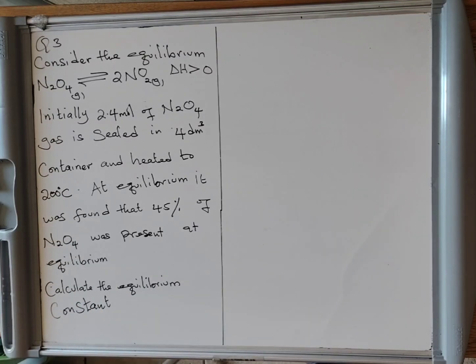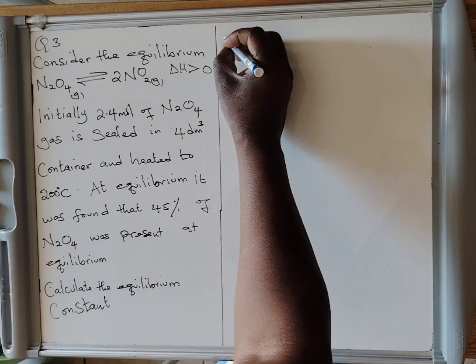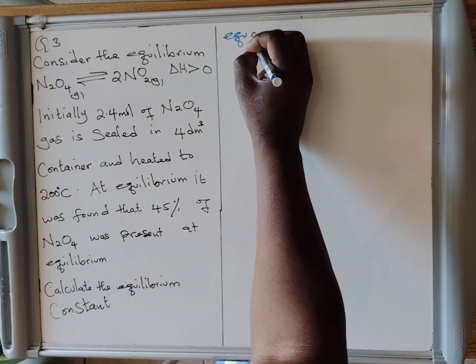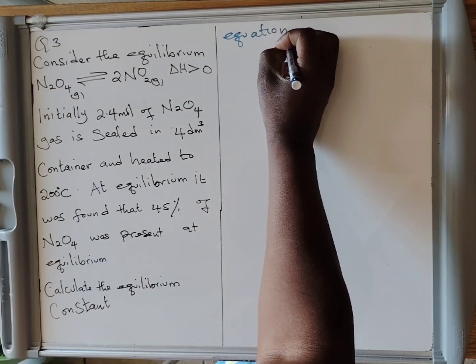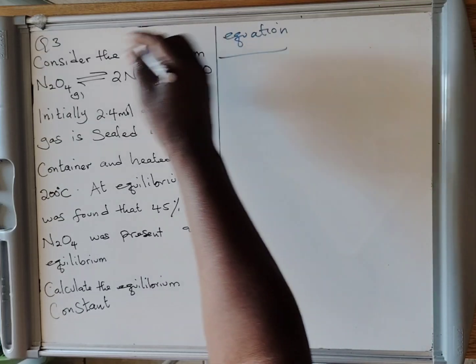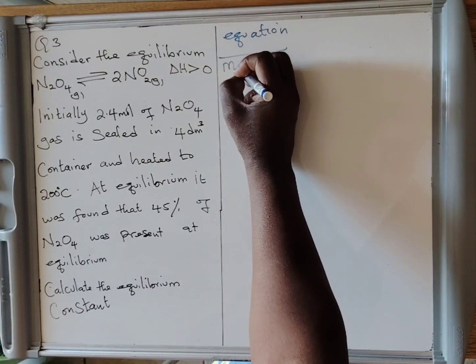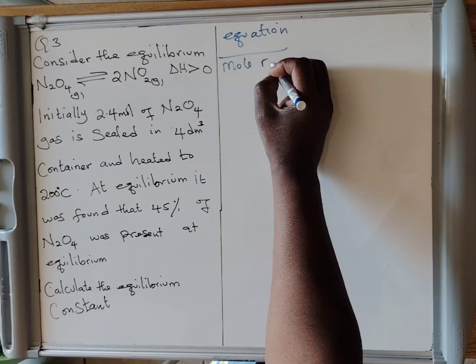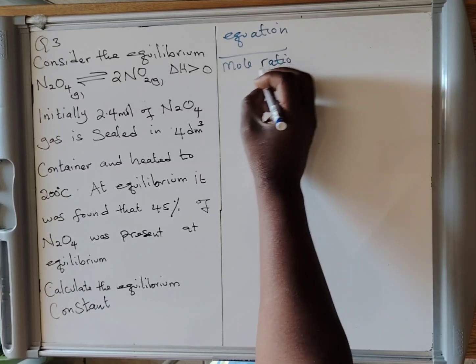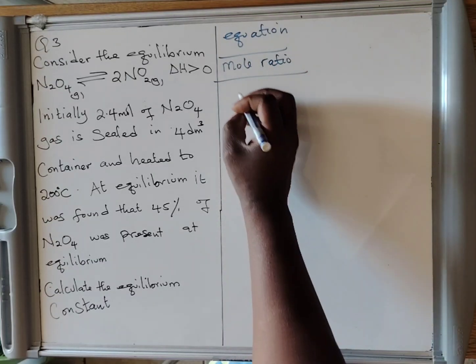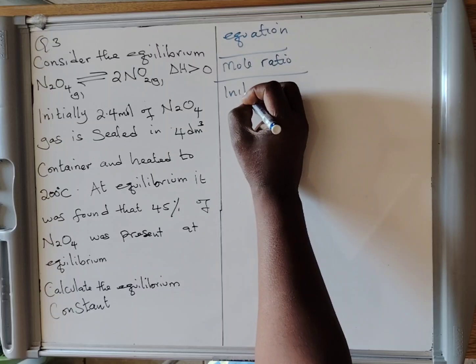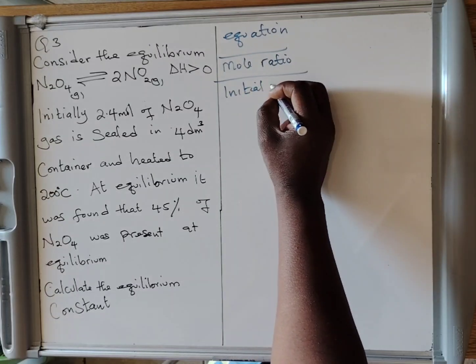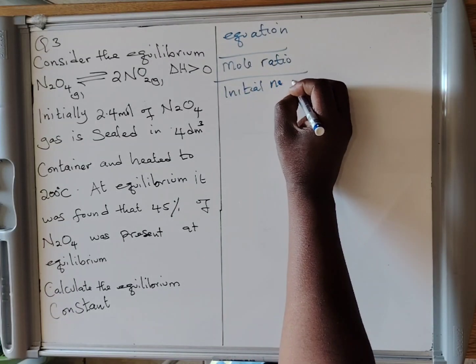When you are faced with this challenge, let's use our common method. We are going to use the table. It's going to be the equation. What comes next? Mole ratio. What comes next? Initial number of moles.